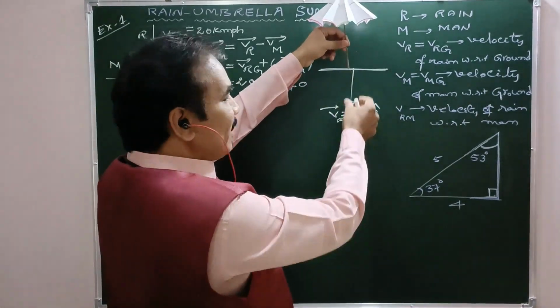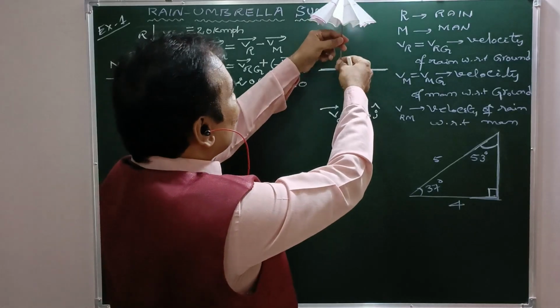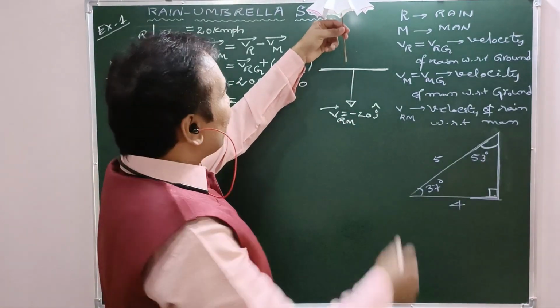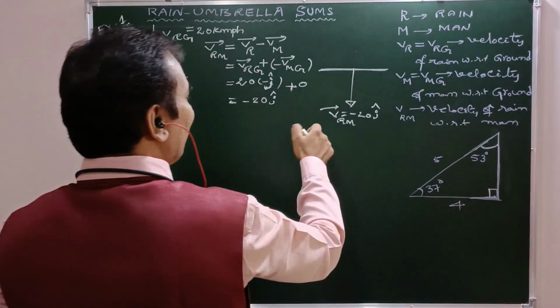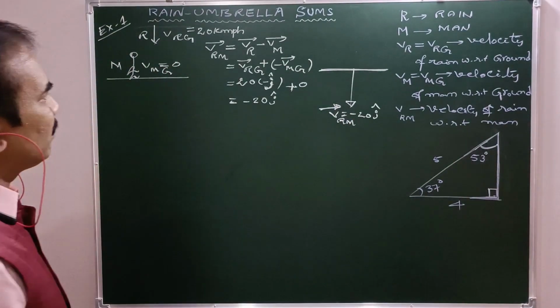Why? Because Vrm is vertically downwards, but the umbrella opens upwards, along the positive y-axis. This is Vrm, the relative velocity of rain with respect to man.